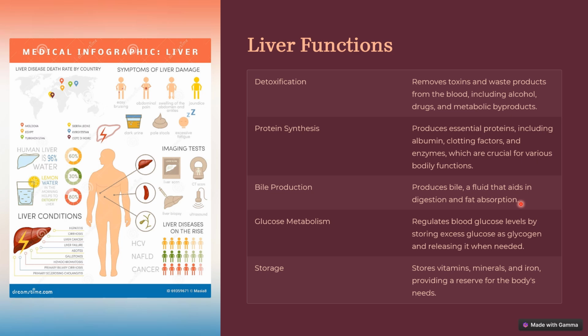If you have any doubt about that, please have a look at that video as well. So bile production is one of the functions of the liver, a fluid that aids digestion and fat absorption.